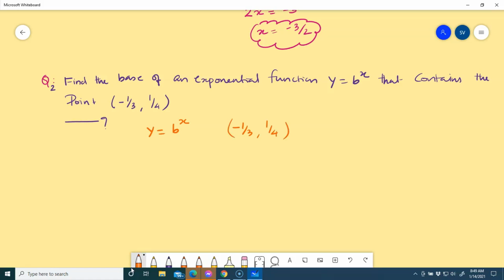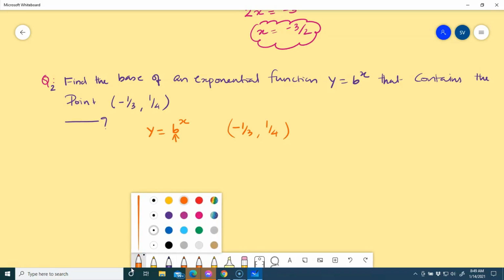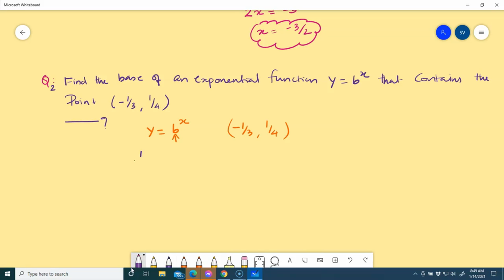Our job is to find the base. Base means this part, that is b. Because we have the function and the point it contains, we can replace the variables with those values. So what is y? y is 1/4. So 1/4 is equal to b to the power negative 1/3.